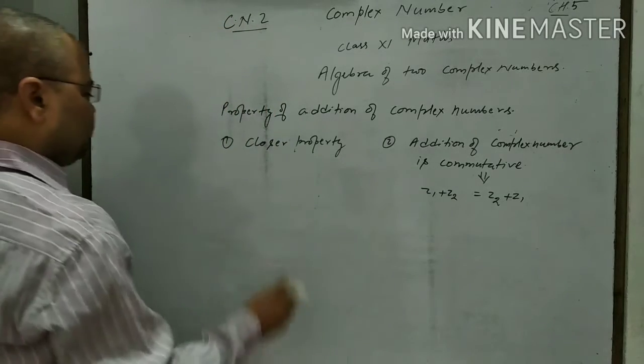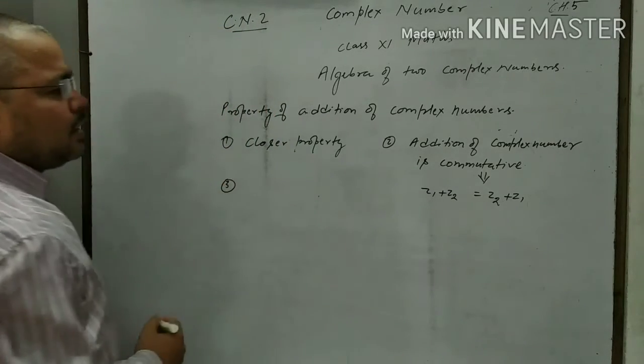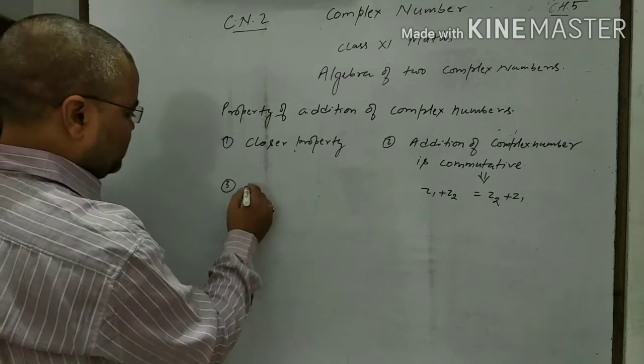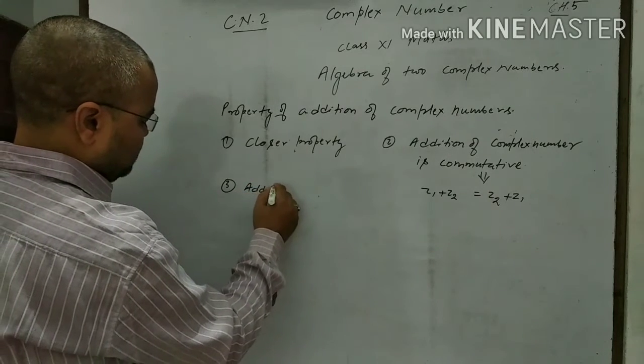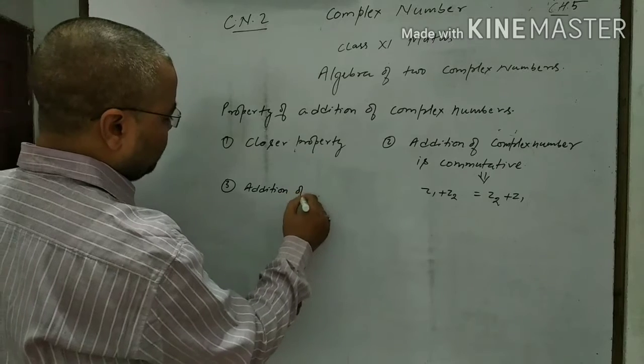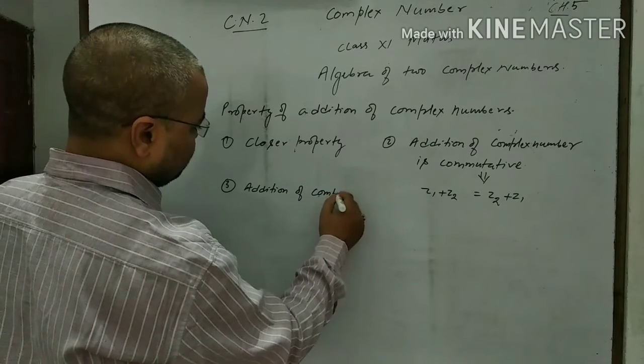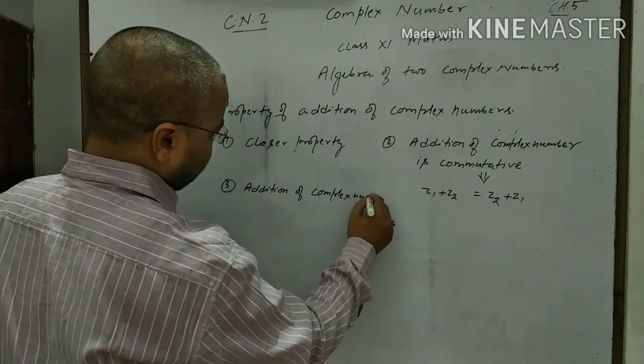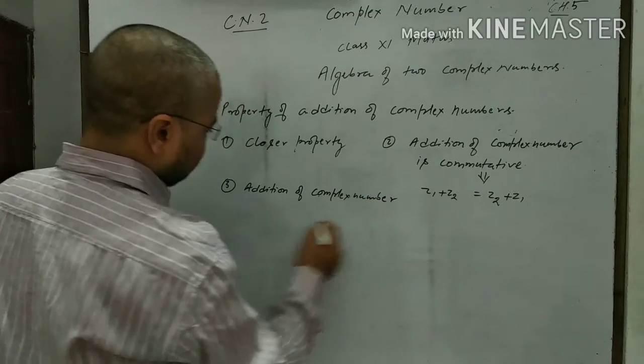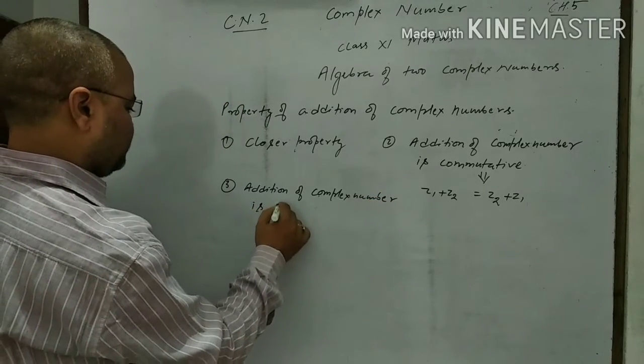The third property: addition of complex numbers is associative.